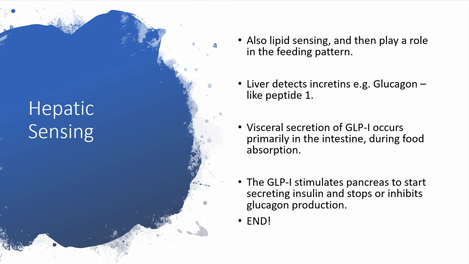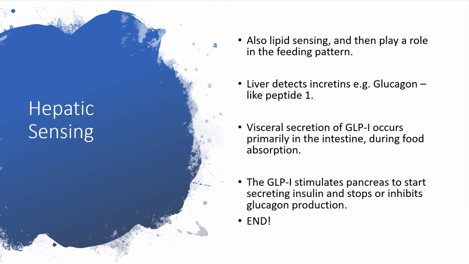Still on hepatic sensing, the liver has the capability of lipid sensing and plays a role in the feeding pattern. The liver could also detect incretins, for example, glucagon-like peptide 1. Secretion of glucagon-like peptide 1 occurs primarily in the intestine during food absorption.